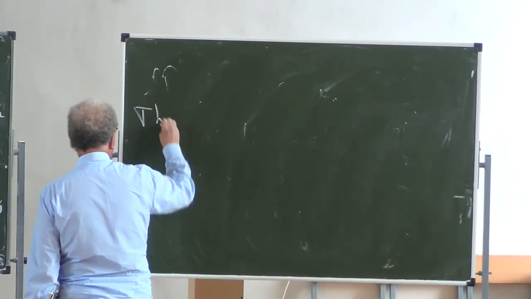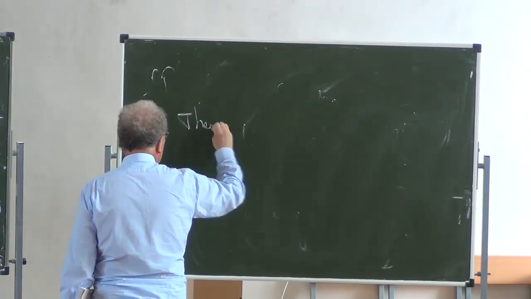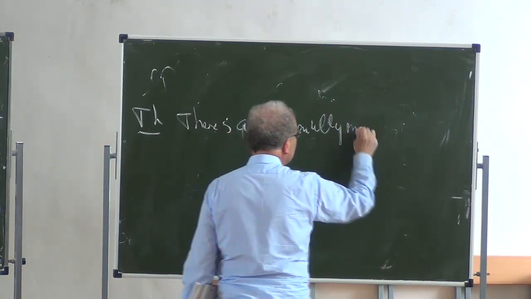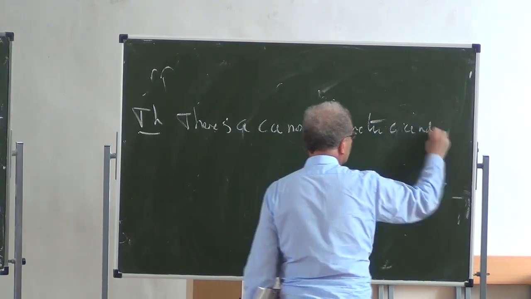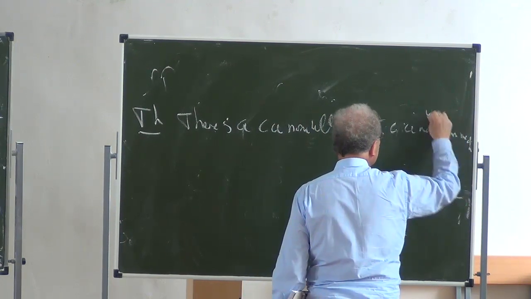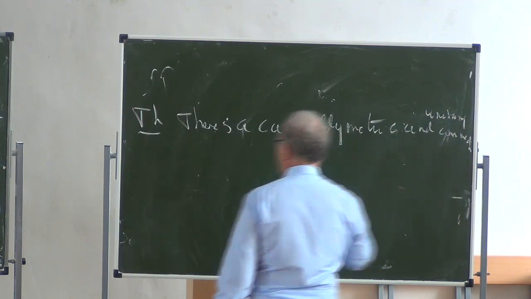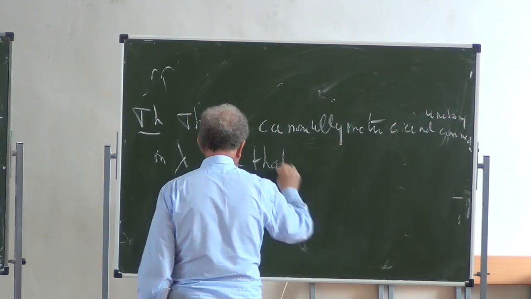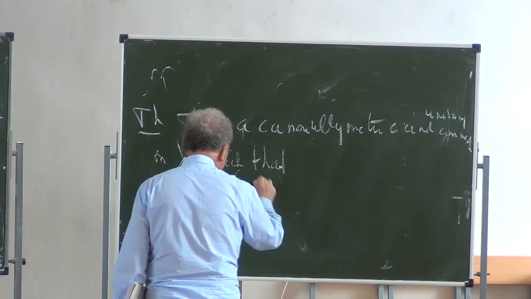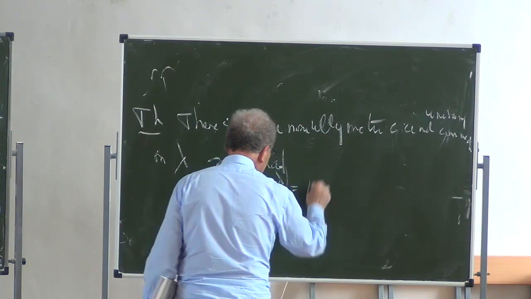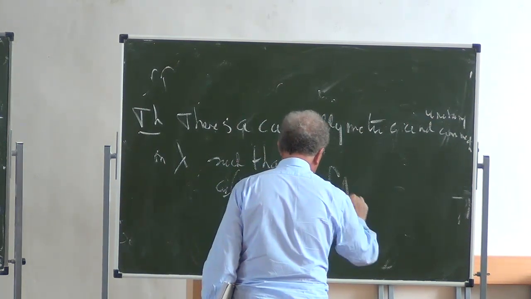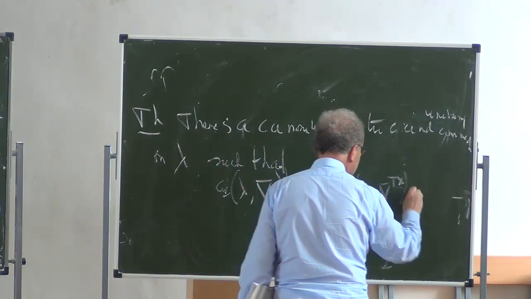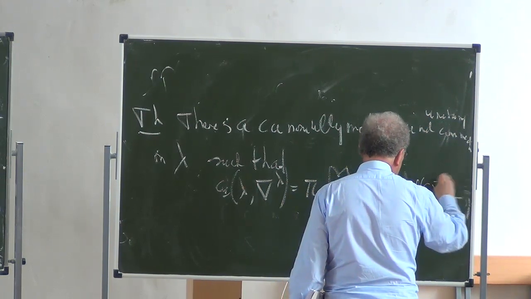Okay, so theorem: there is a canonically defined metric and unitary connection on the line bundle lambda, such that the C1 of lambda, nabla lambda, is equal to the integral along the fiber of A-roof of Tx, nabla Tx, times Ch of E, nabla E.